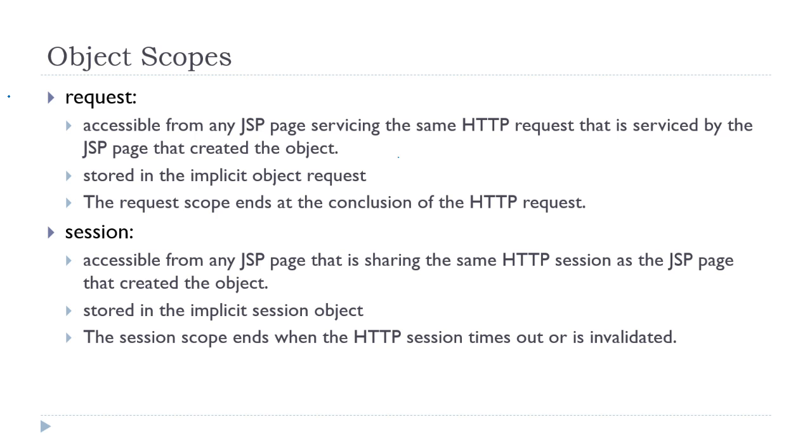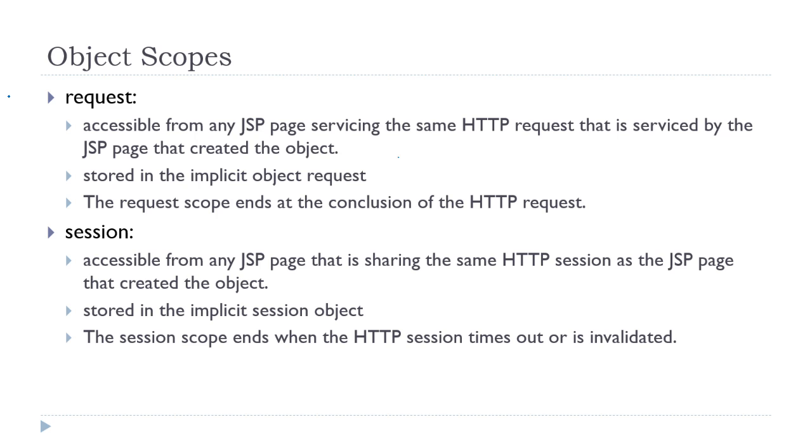This request scope is the same as the request scope of a servlet, and to access the objects related to this request object, we can directly use the implicit object named request. We need not create the object.